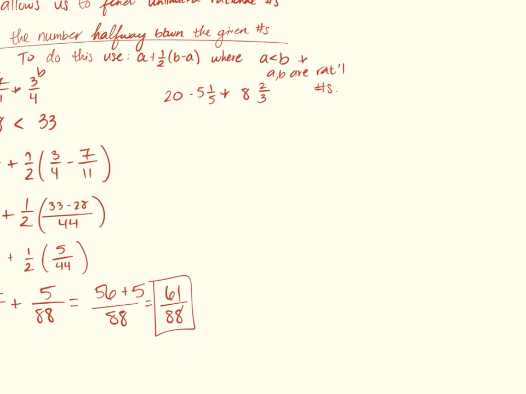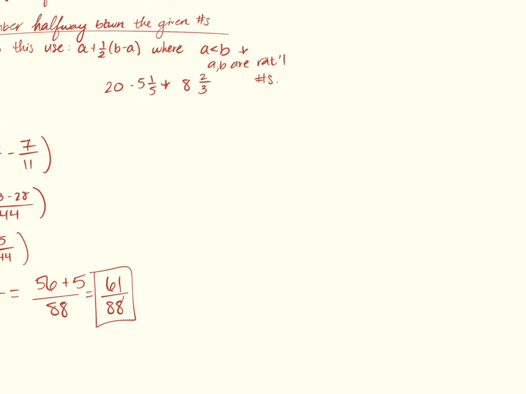Okay. For 20, we've got negative 5 1/5 and 8 2/3. Clearly, negative 5 and 1/5 is the smaller of the two numbers. So first I'm going to get these into improper fractions. So I get negative 26 over 5 and 26 over 3.